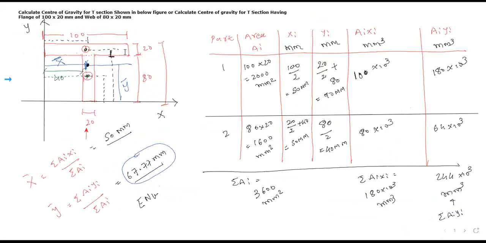We are going to calculate the next example. Data will remain the same. Your data will remain the same, which I am copying here, but I am going to calculate some other kind of geometry. Okay, I am not considering the T section, I am considering a different geometry. Just a minute. Okay.